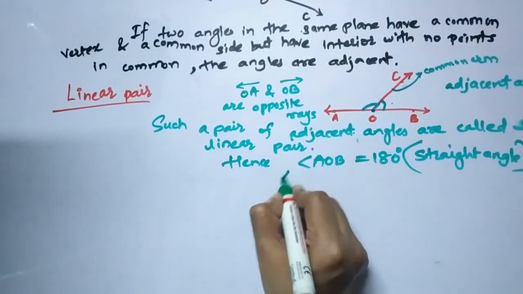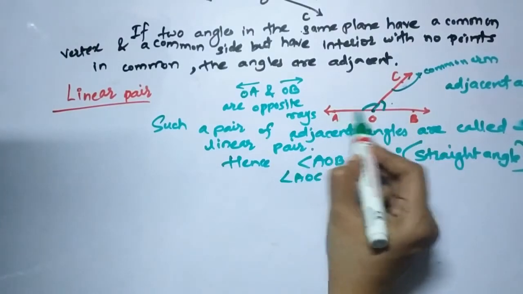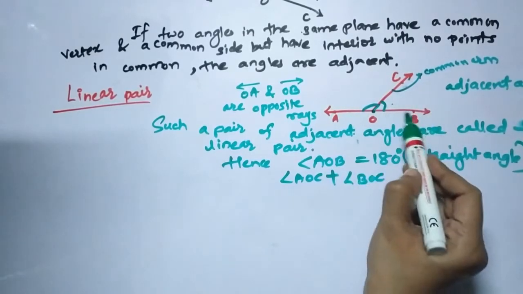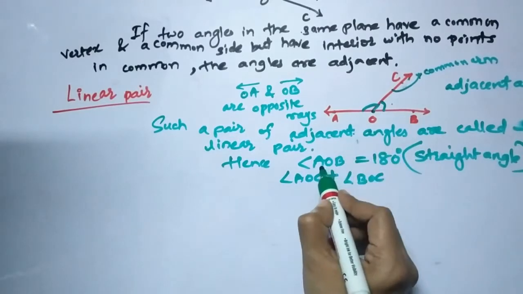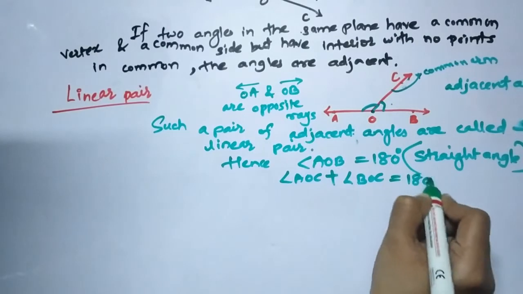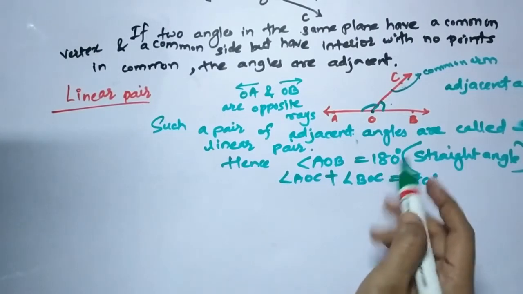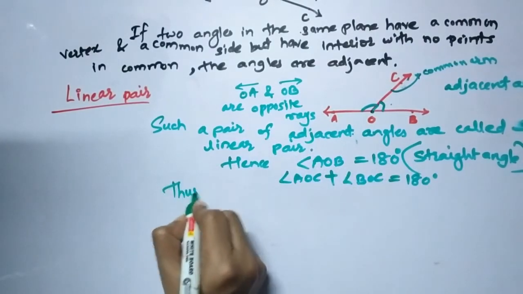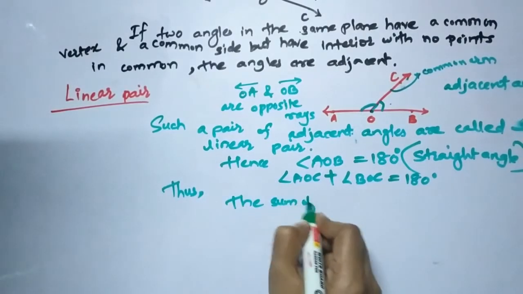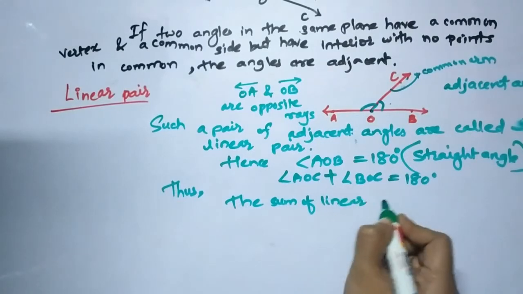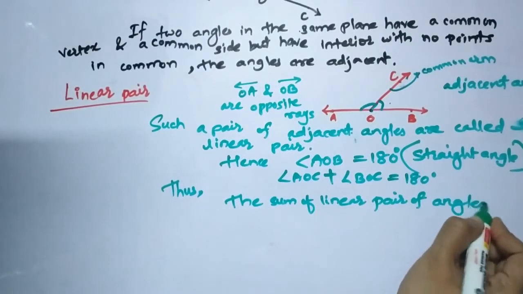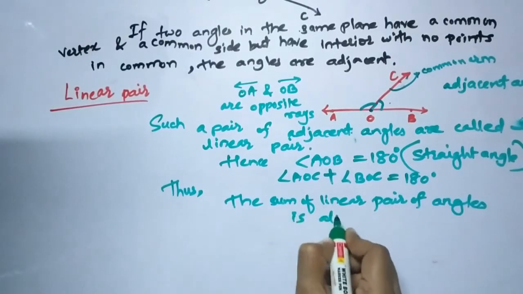AOB is composed of angle AOC plus angle BOC. So instead of writing AOB, I am writing angle AOC plus angle BOC, which is going to be 180 degrees. So for this reason, you can state the final statement: the sum of a linear pair of angles is always 180 degrees.